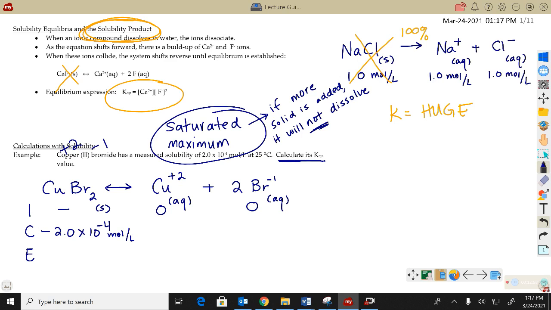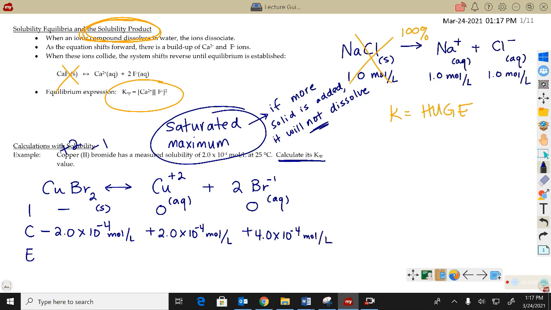So if this is the maximum amount of solid that dissolves, then I just shift this forward by the ratio in the balanced equation. So I would be able to form 2.0 times 10 to the negative fourth moles of copper ion per liter. And I just have to watch the ratio from the balanced equation, because then I would form 4.0 times 10 to the negative fourth moles of bromine per liter.